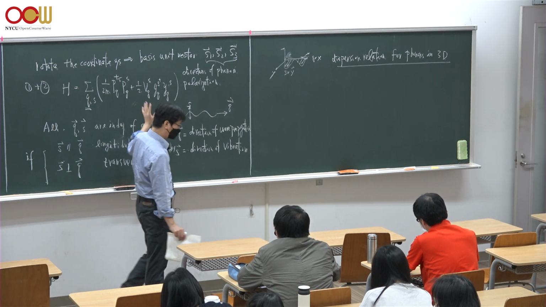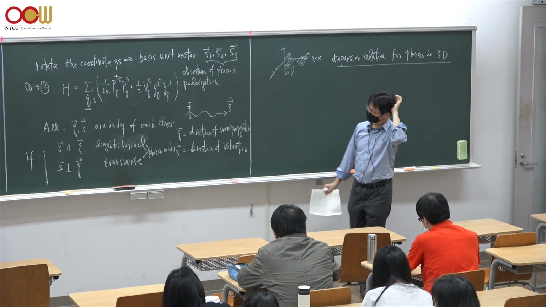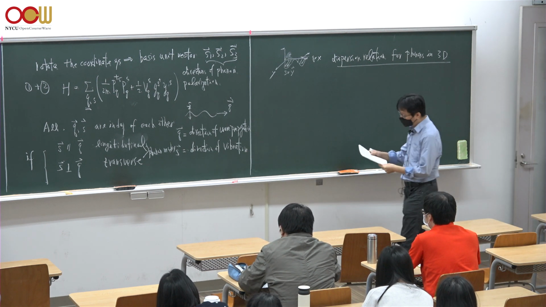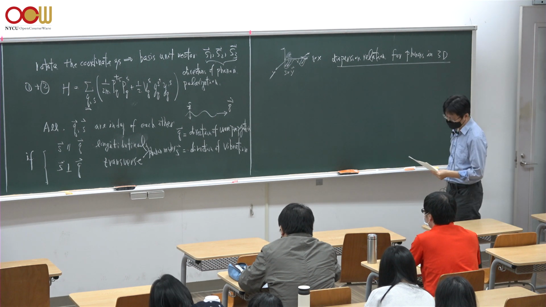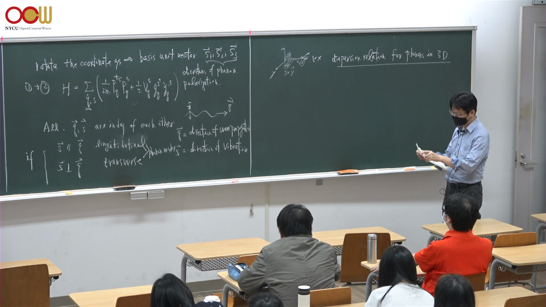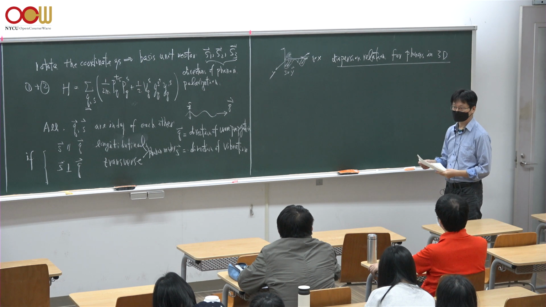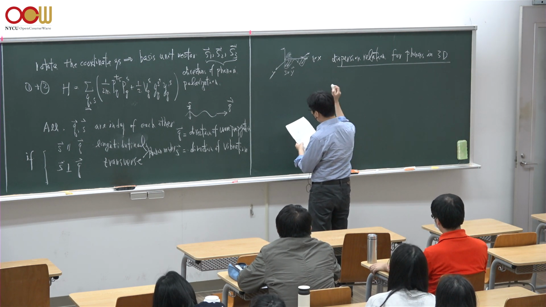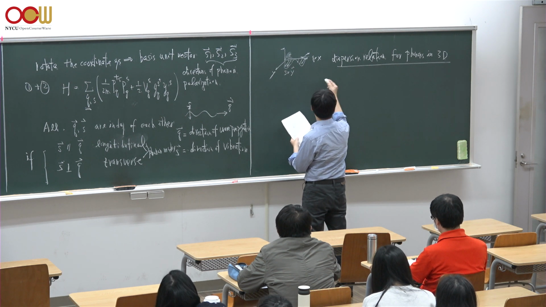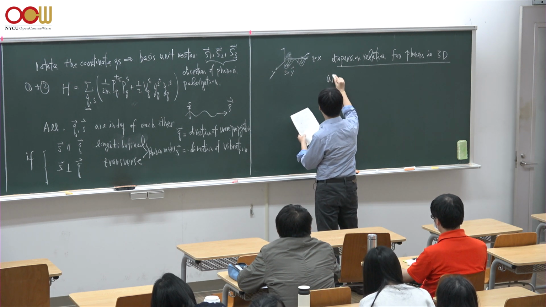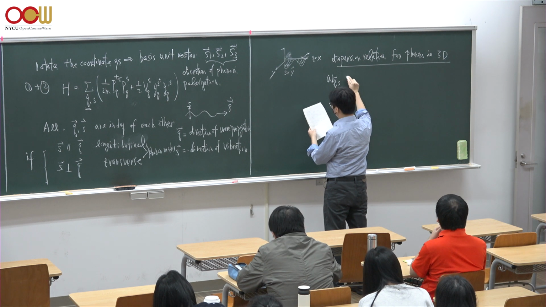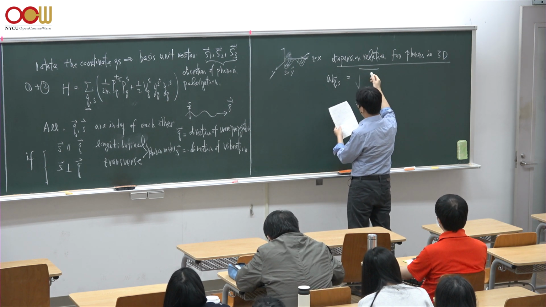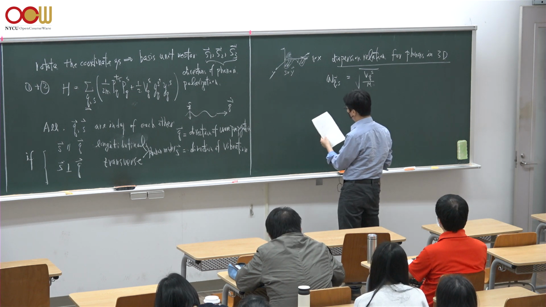Okay, so this is the simplest generalization of physical systems from 1D to 3D, and we don't care about this complicated diagonalization procedure because this can be done straightforwardly. So we just assume that this is done, and you have three different polarizations of phonons. Therefore, you have three different oscillation frequencies or phonon modes.